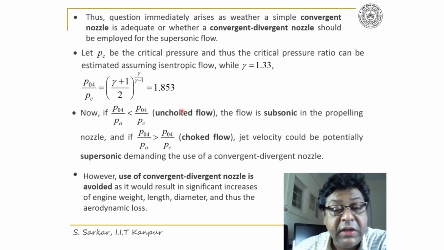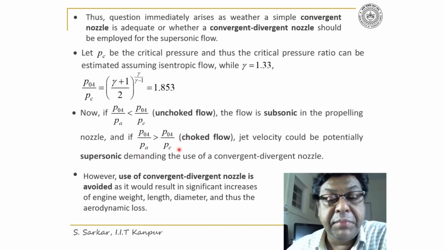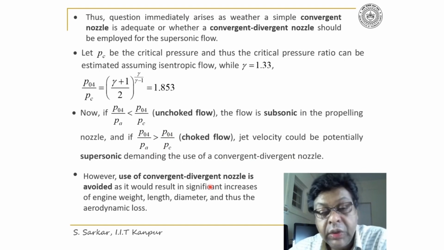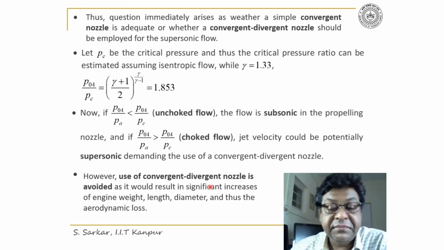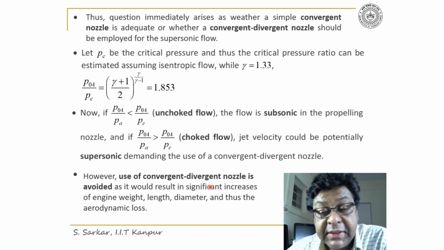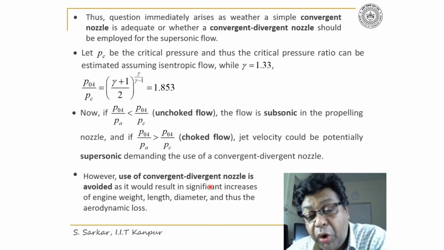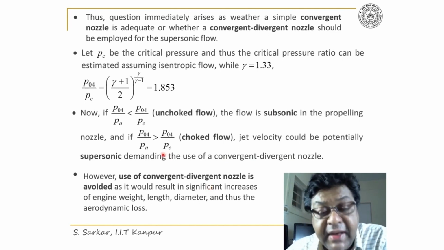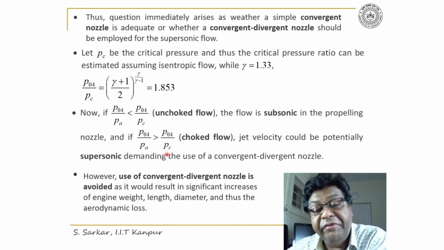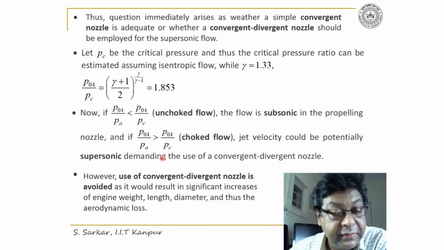Further, if P04/Pa is greater than P04/Pc, which is the condition for choked flow, then the velocity could potentially be supersonic depending on the use of a convergent divergent nozzle.